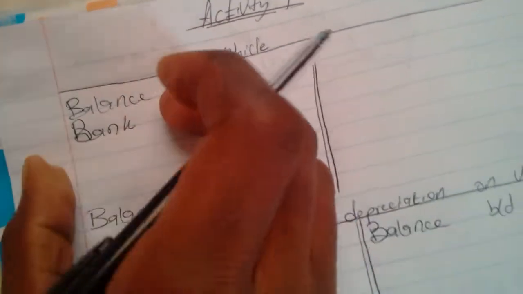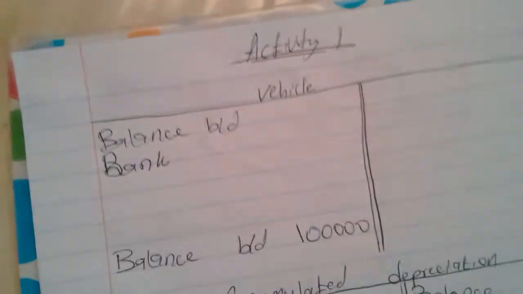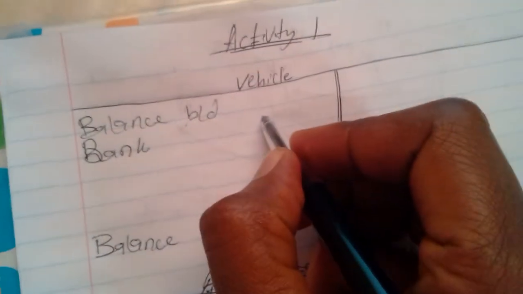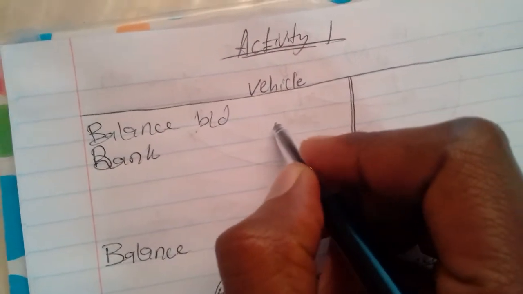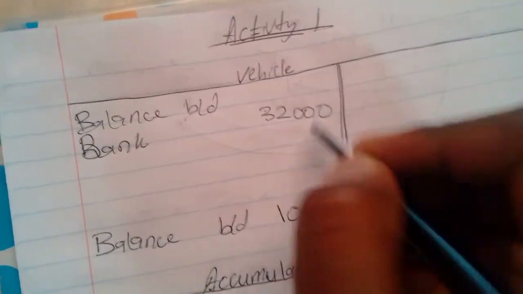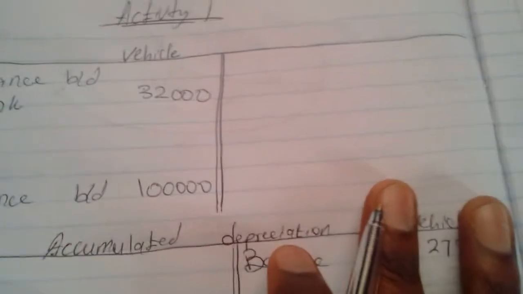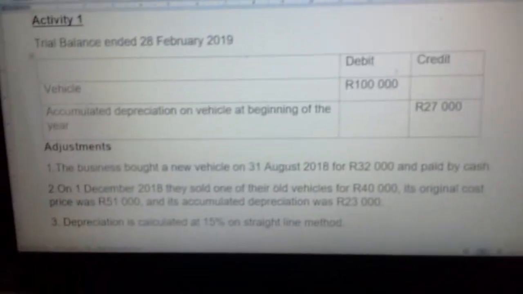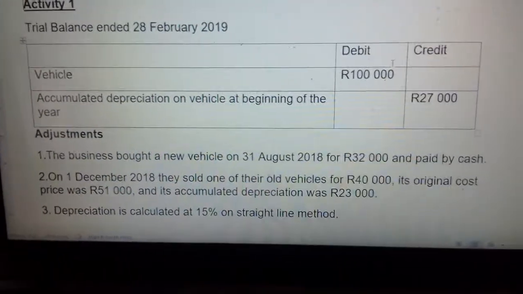You must not write additions. The contra account is bank because they paid cash. It will be 32,000.